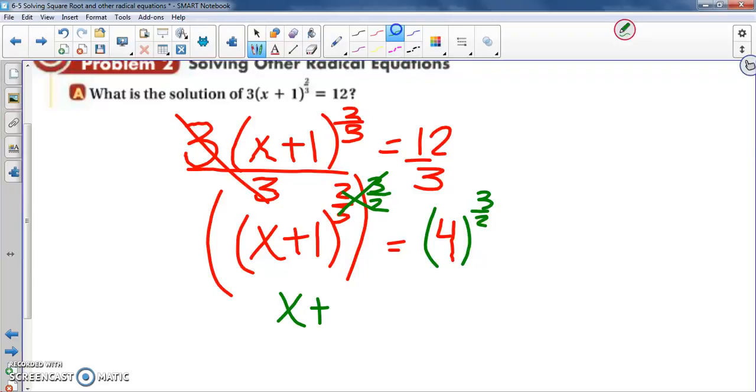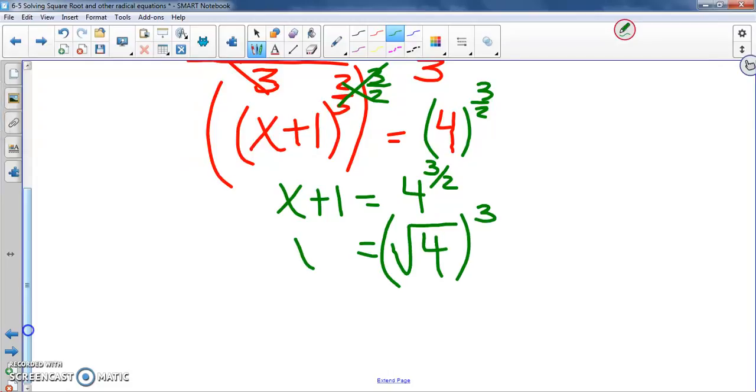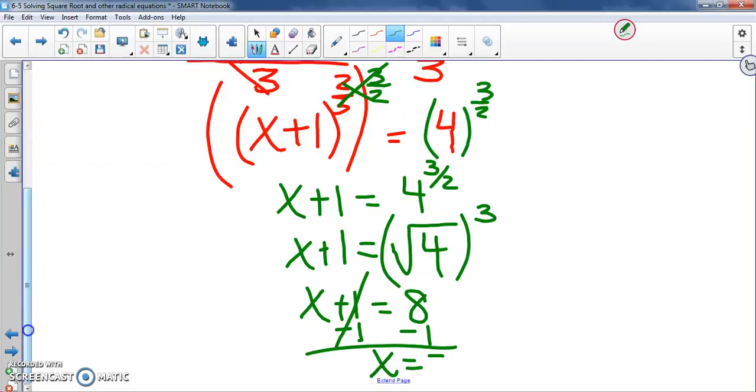I will be left with x plus 1 is equal to 4 to the 3/2 power. 4 to the 3/2 power is the square root of 4 cubed. So x plus 1 is equal to the square root of 4 is 2, cubed is 8. Subtract 1 from both sides, and x is equal to 7.